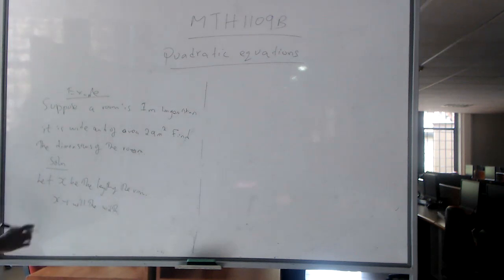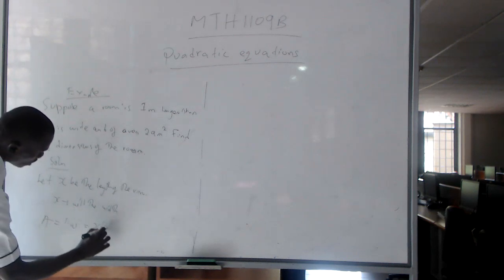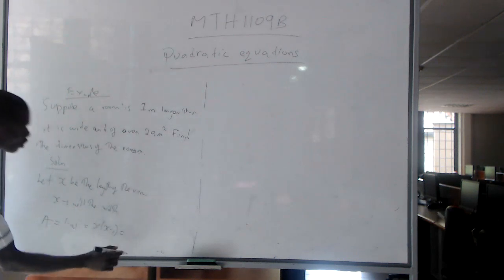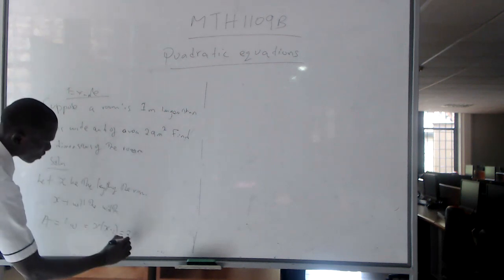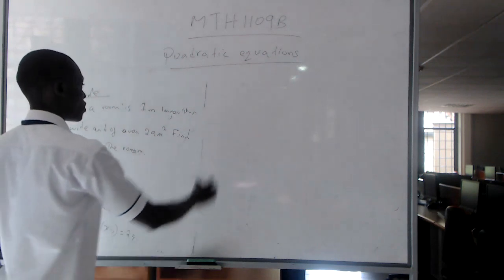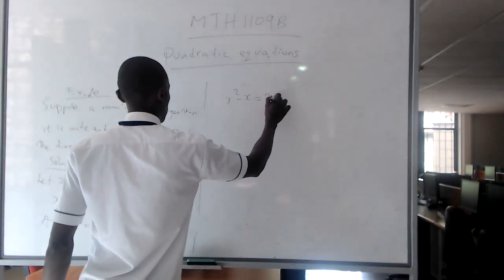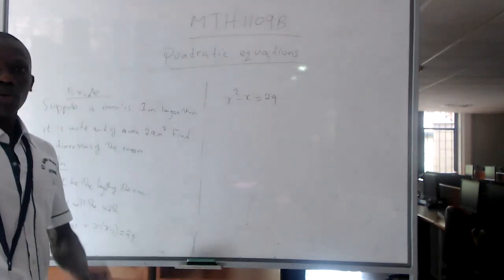How do you compute area? Area is simply length times width. In this case, length is x, width is x minus 1, and we are given the area as 29. So multiply this out, you get x squared minus x equals 29, which is a quadratic equation.